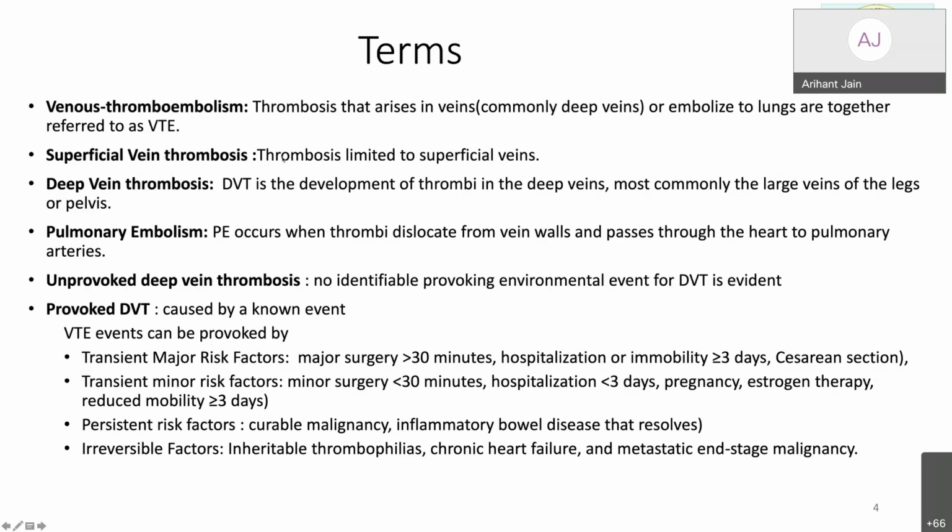So a thrombosis which is limited to superficial veins is called superficial venous thrombosis, and a thrombosis which arises in the deep veins, most commonly in the large veins of the legs or pelvis, is called deep vein thrombosis.